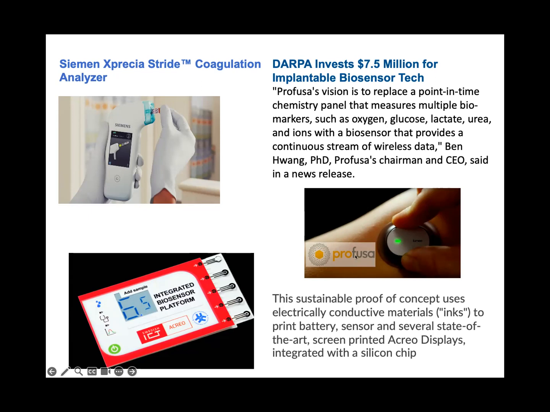I'm not sure whether this is in the market. And you can imagine, right now the glucose sensor, even though it's small, is still bulky. You have to bring the strip, you have to bring the glucose meter.